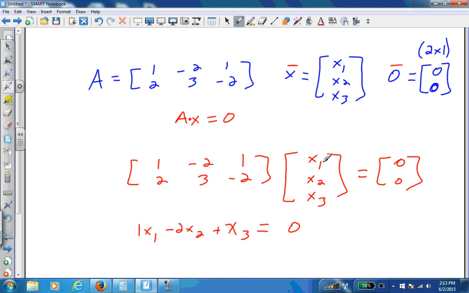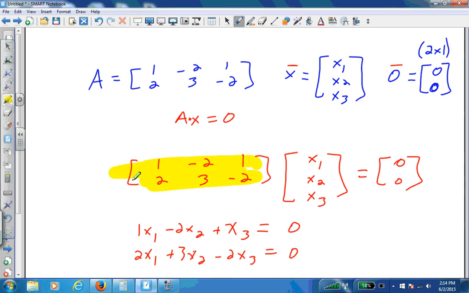Then we'd have 2 times x1, 3 times x sub 2, minus 2 times x sub 3. And that equals 0.